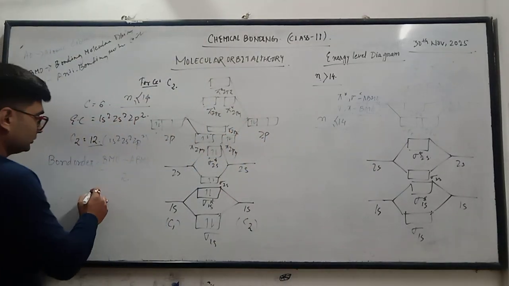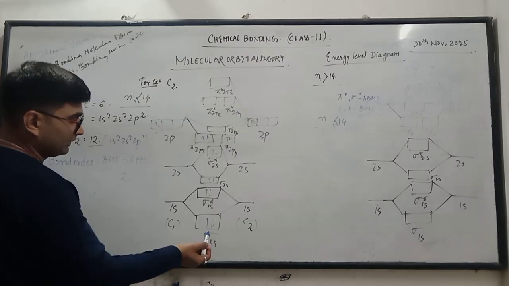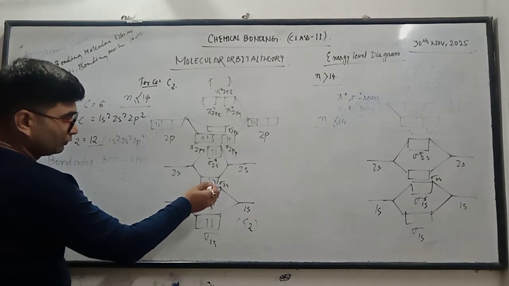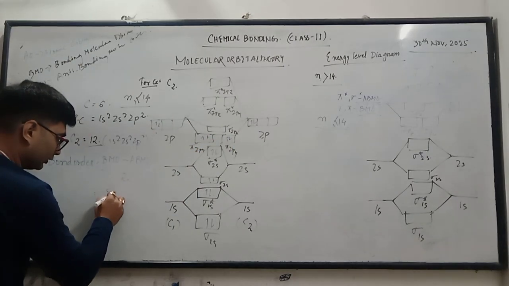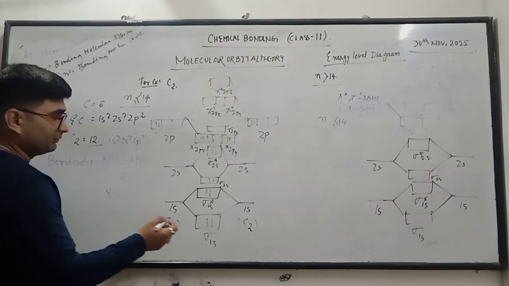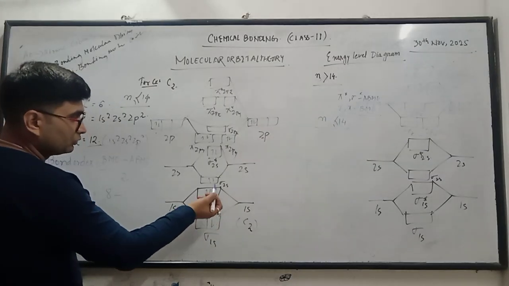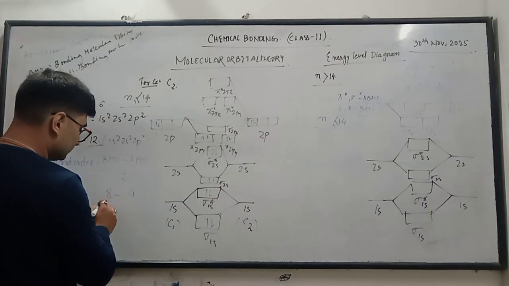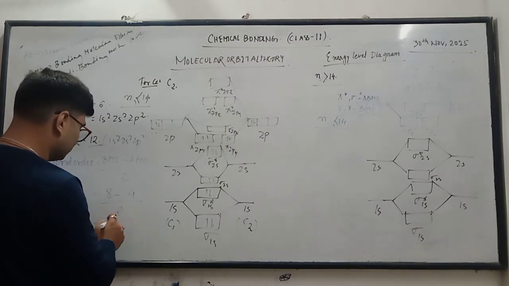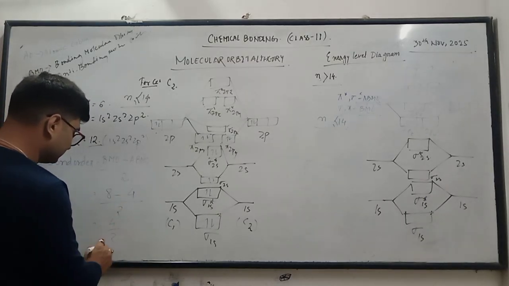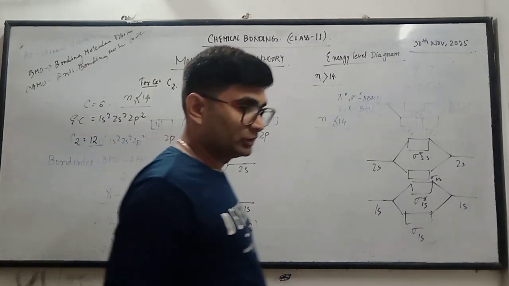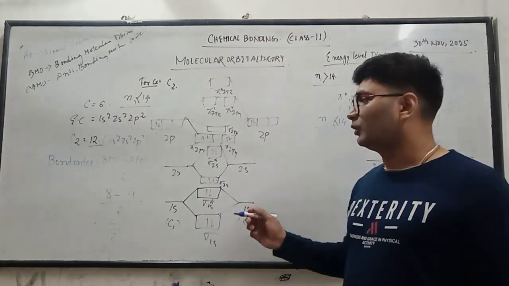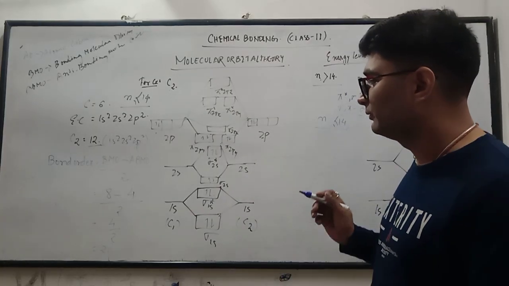So if we count the bonding molecular orbital electrons as 2, 4, 6 and 8, the bonding is 8. What about the anti-bonding? Star is 2, again star is 4. So it's 4 divided by 2. So what would be the answer? The answer is 2. So this is how we can calculate the bond order of a molecule, based on this formula.